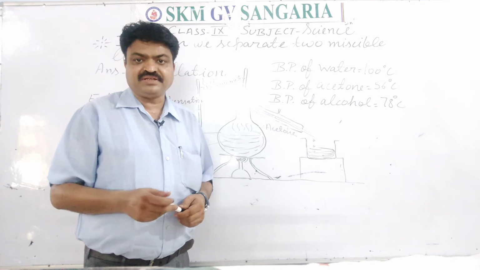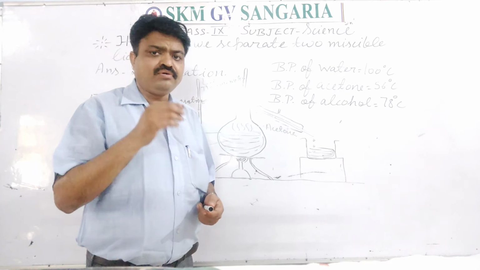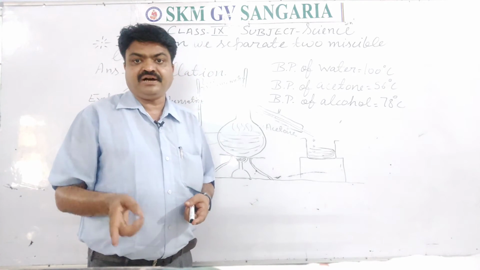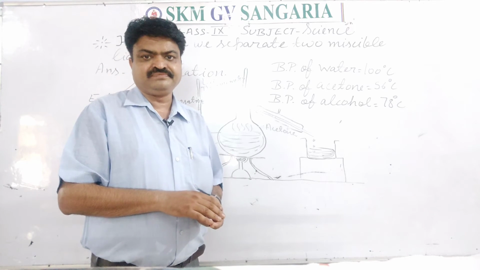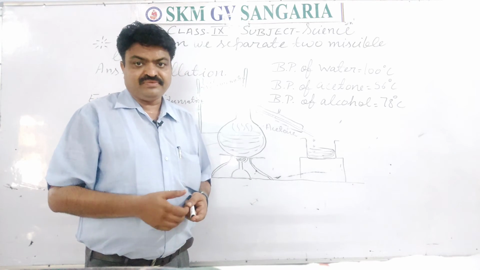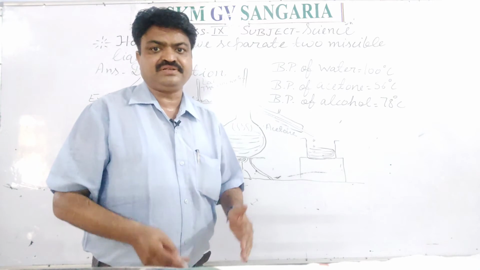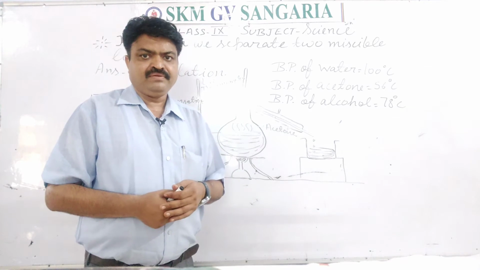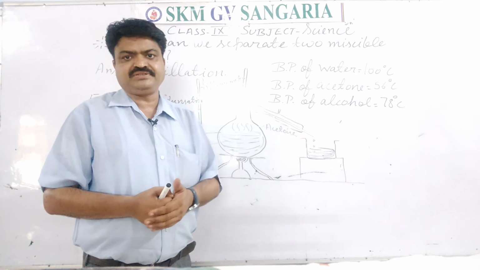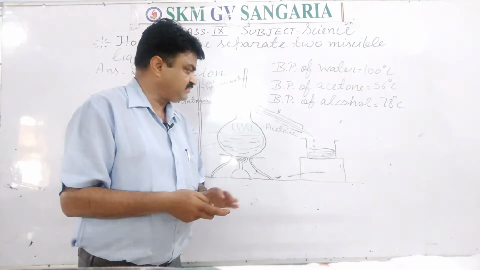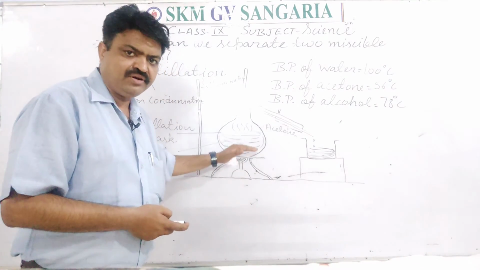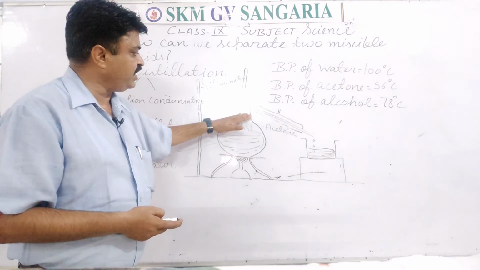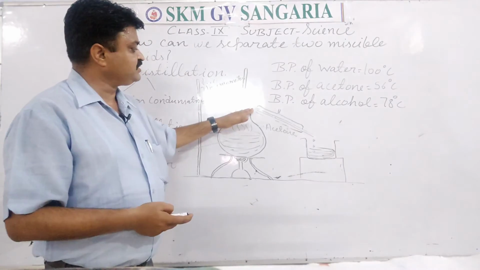Volatile means substances that can evaporate at any temperature. Those substances are known as volatile substances. According to this nature, we categorize substances into two types: volatile and involatile. Substances that can be vaporized easily are known as volatile substances, and acetone is more volatile than water.